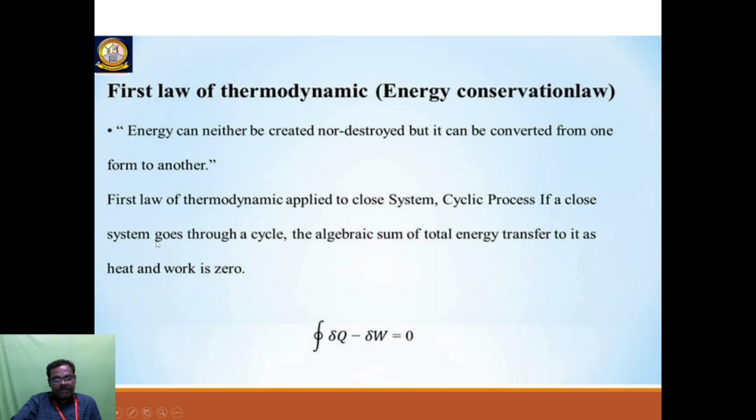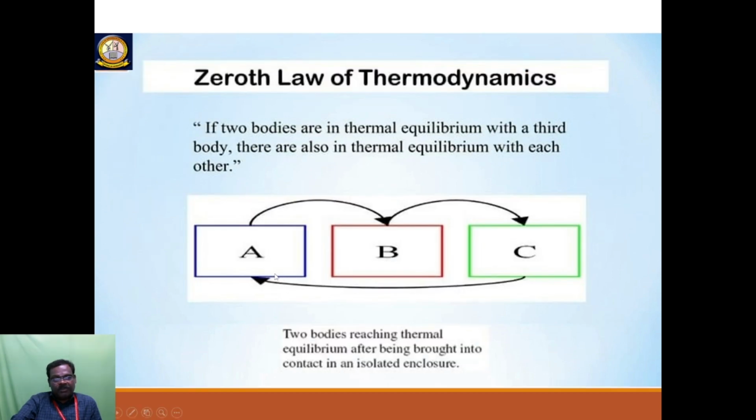If a closed system goes through a cycle, the algebraic sum of the heat transfer is equal to the work transfer. This is called the first law of thermodynamics. So in the zeroth law, two systems are in thermal equilibrium with a third one, and all three systems are in equilibrium with each other.